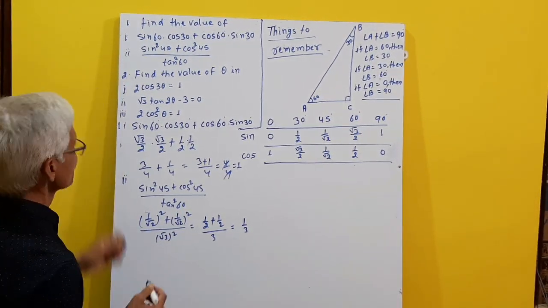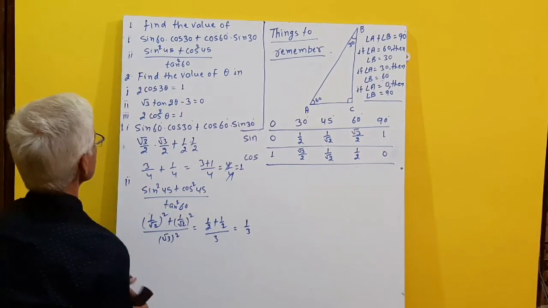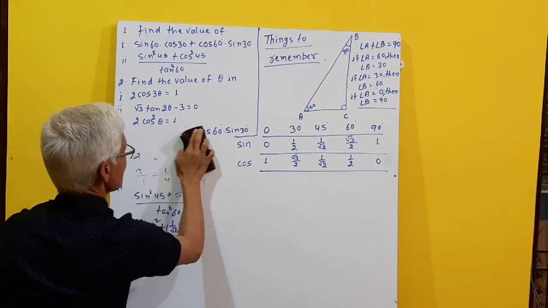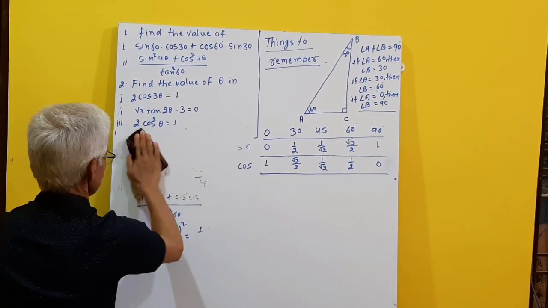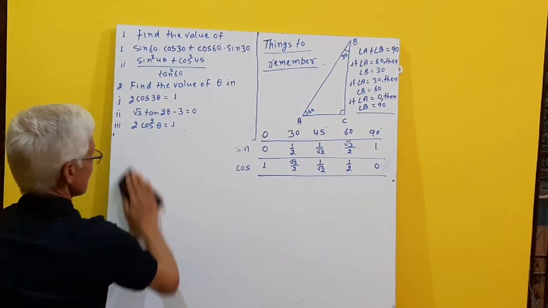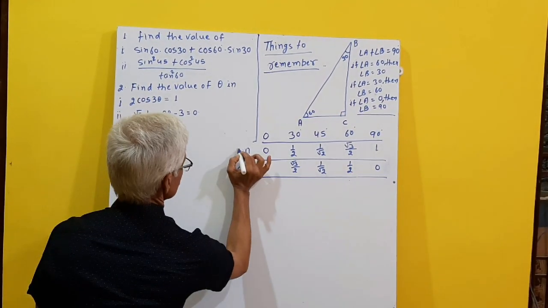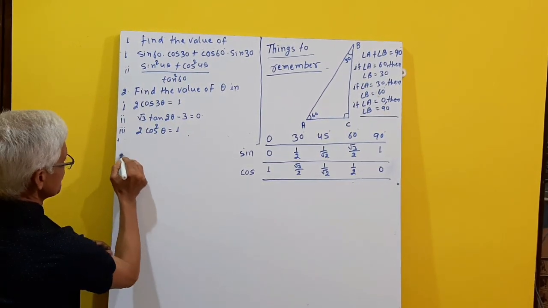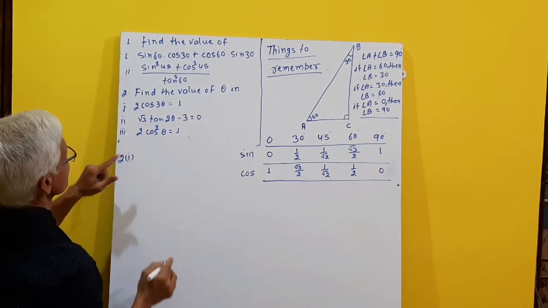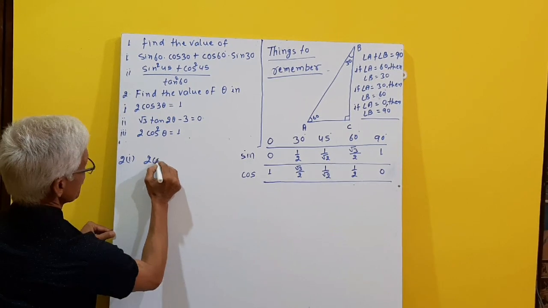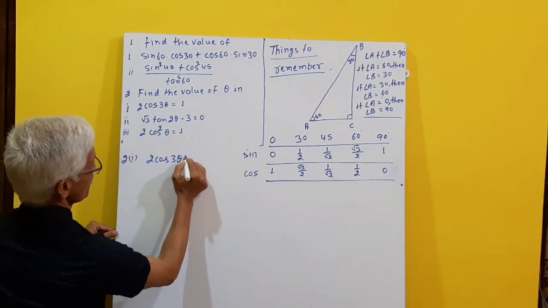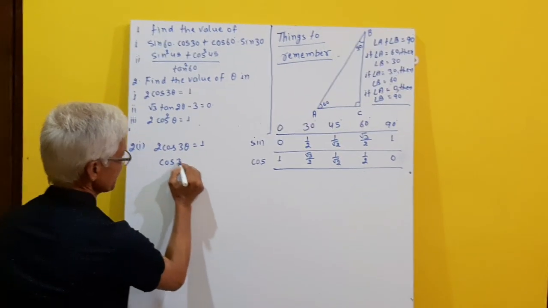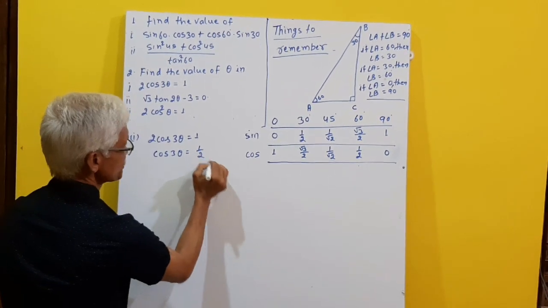Now we have to find this. 2 cos 3 theta is equal to 1. Then cos 3 theta can be written as 1 by 2.